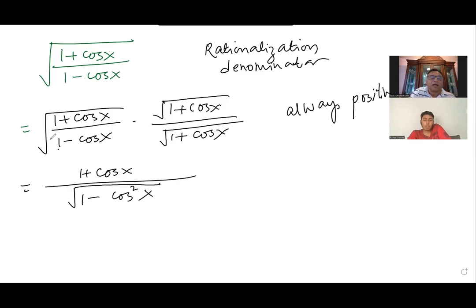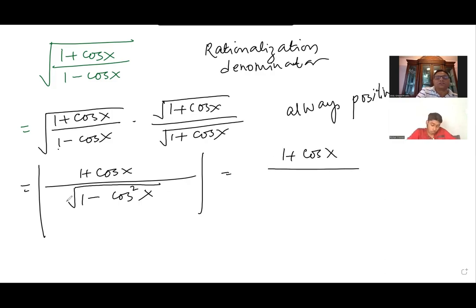And therefore we normally write the absolute value here. So now we have 1 plus cos x in the numerator, and the denominator is the square root of 1 minus cos square x, the square root of sine square x, and that is a positive value. So we have 1 plus cos x over the absolute value of sine x.